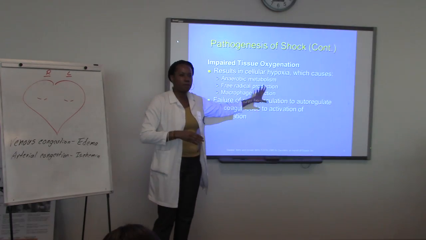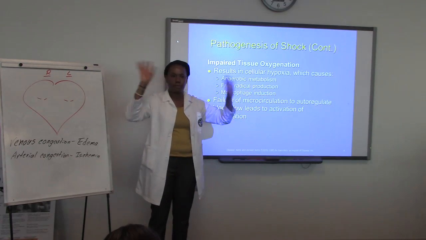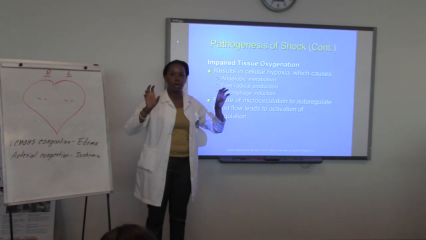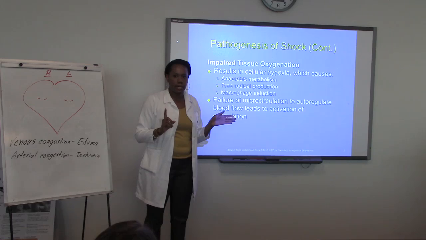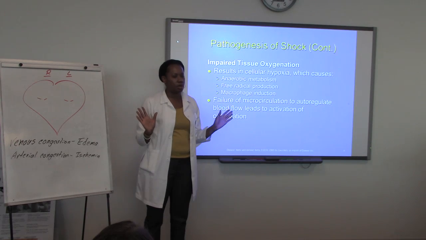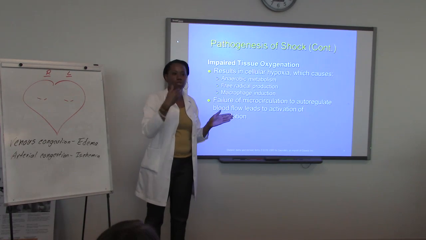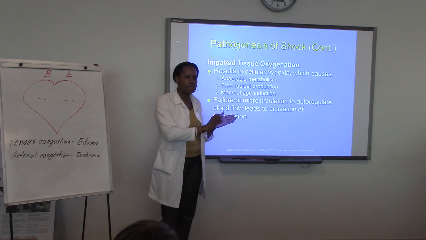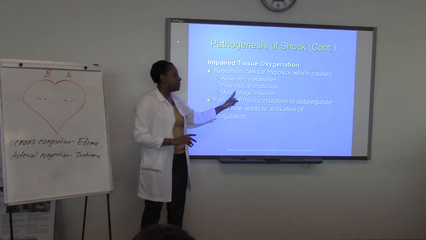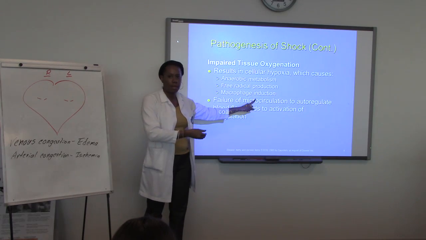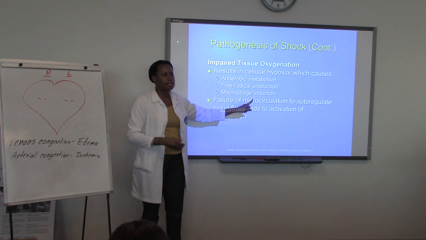Now, once we have free radical production causing a problem, understand that the body recognizes this. The body's just not going to sit there and allow things to occur. It will try to correct it, and the way it corrects it is by sending the immune system over. So now we will have macrophages that will come. You have macrophage induction. That sounds like a good thing.